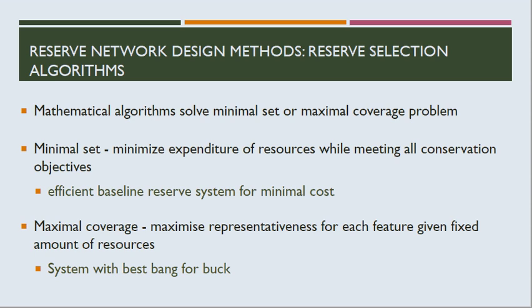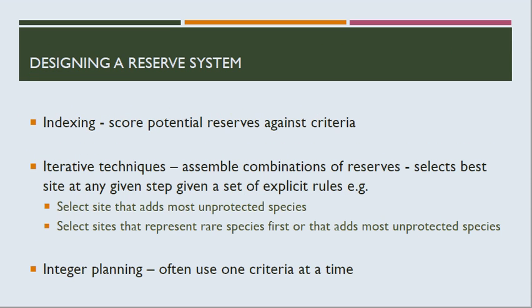Some of the limitations of computer-aided analysis is lack of baseline data. We still really don't know the needs of all the different species, for instance, and which selection algorithms should be used in different areas and so on.